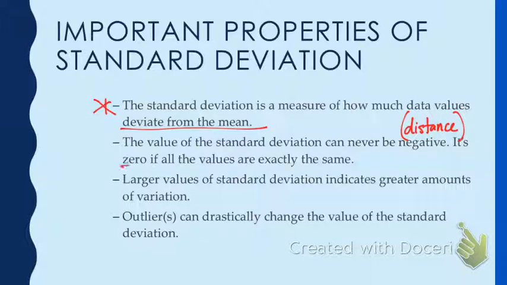It's 0 if all the values are exactly the same. Larger standard deviations indicate greater amounts of variation, like that picture where the frequencies are on the outside. And then outliers can drastically change the value of the standard deviation.